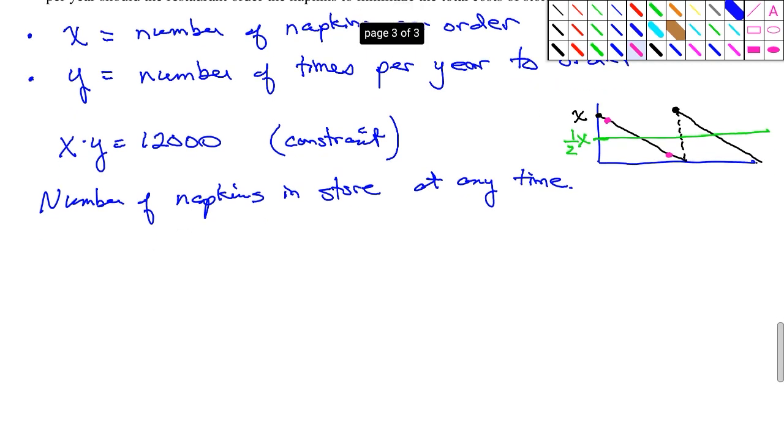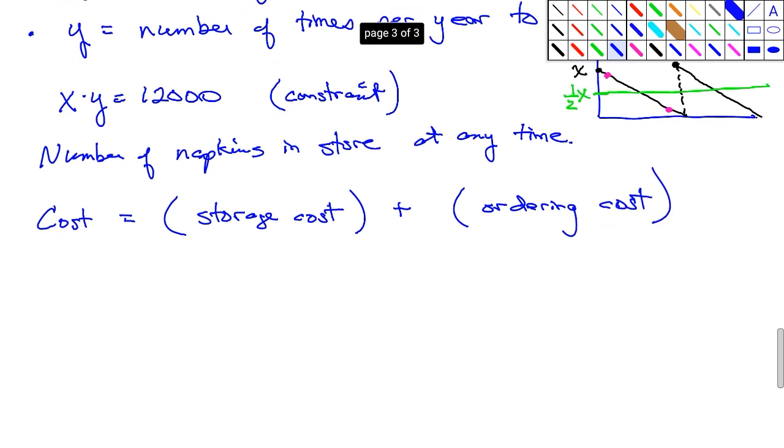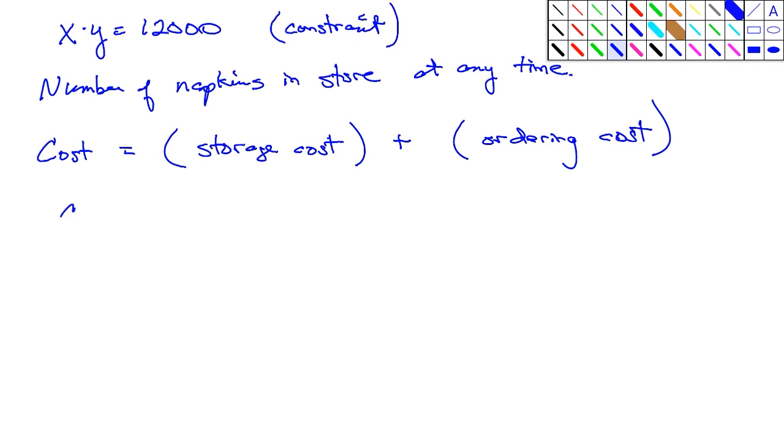All right. So now let's create our cost function. Our cost function is composed of two different costs: storage cost plus ordering cost. So we're going to call this C for now. C is equal to storage cost. So it's $5 to store the napkins.